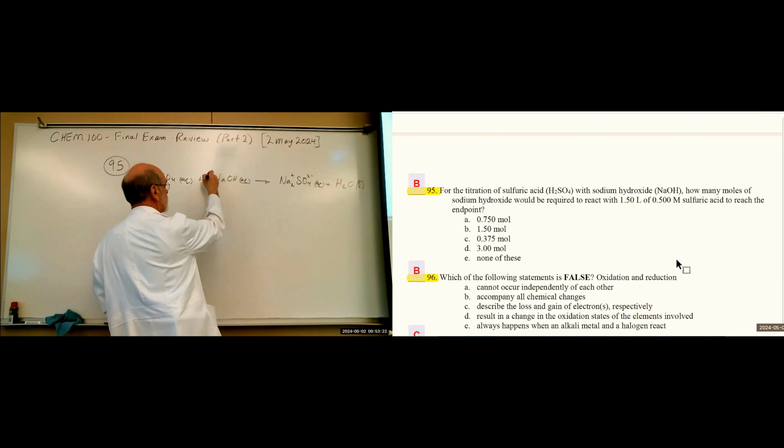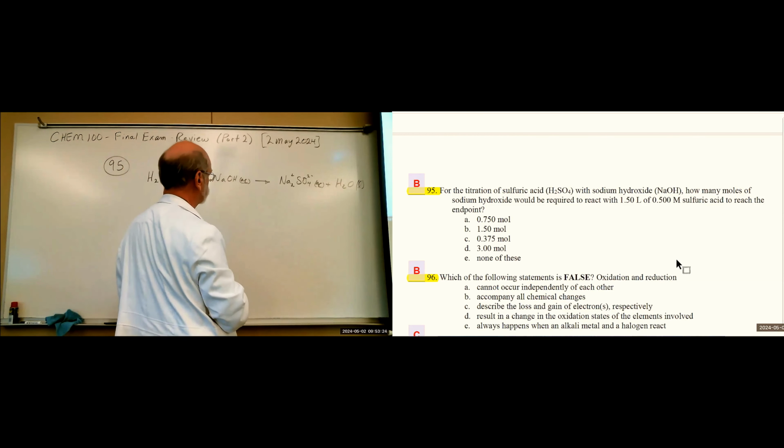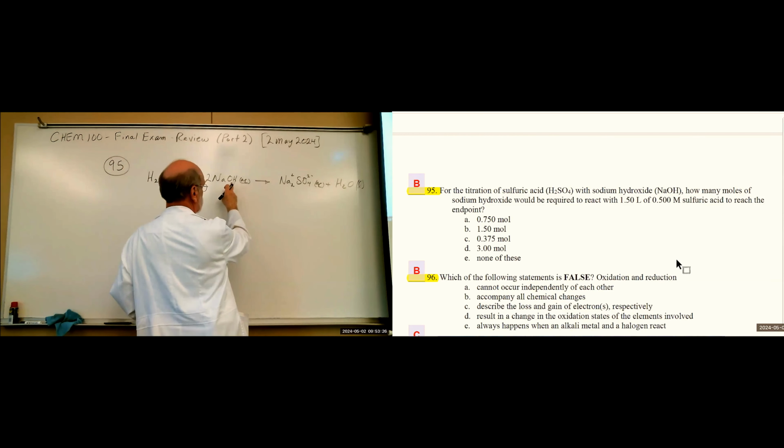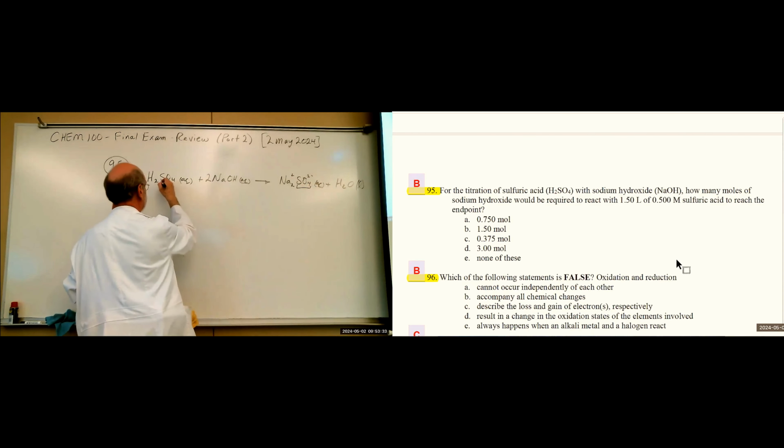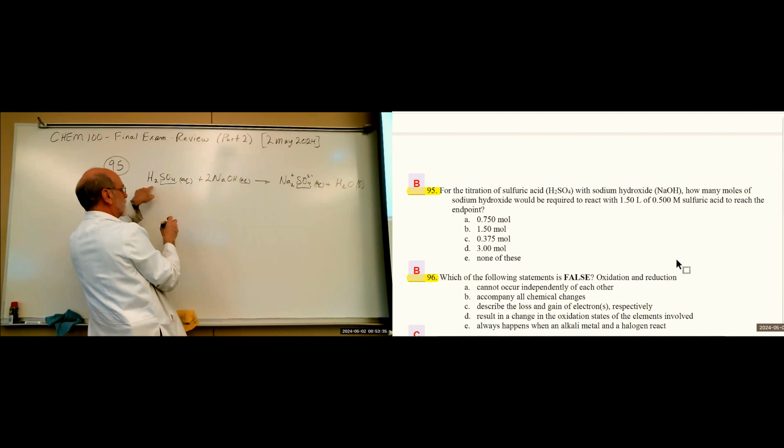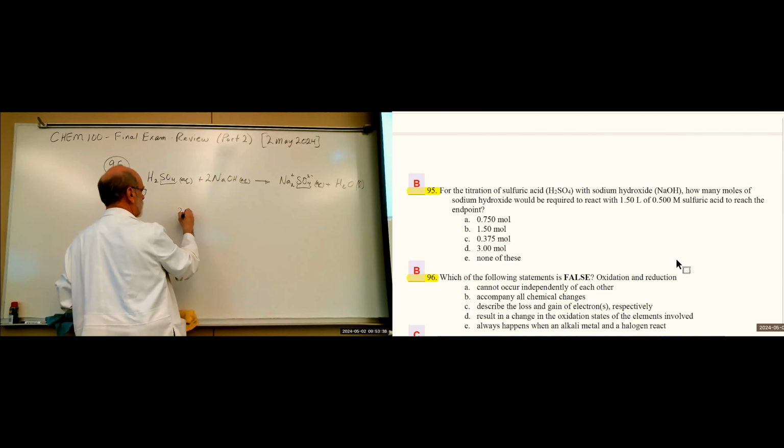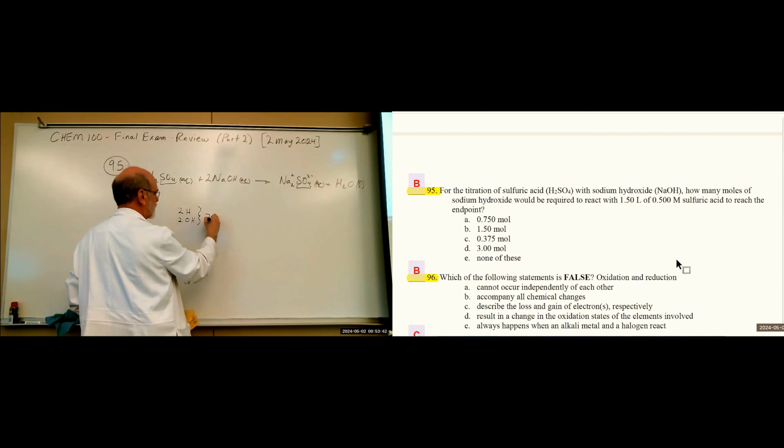We need 2 sodiums over here, and that gives us 1 sulfate here. We can keep that together. That's intact. What we're looking at is this hydrogen: 2 hydrogens and 2 hydroxyls equals what? 2 waters. There you go. Now we're balanced.